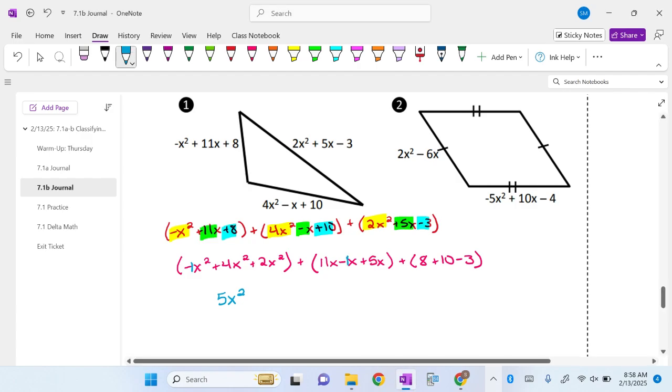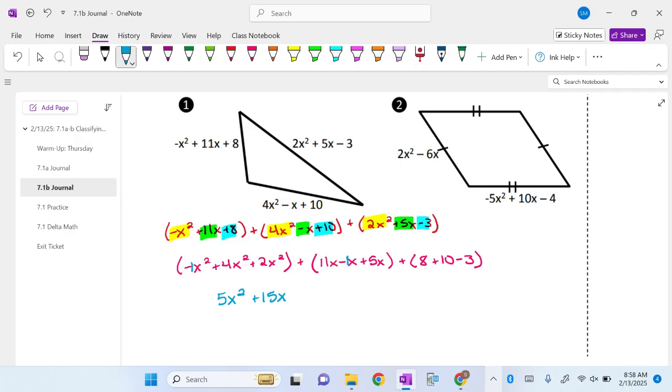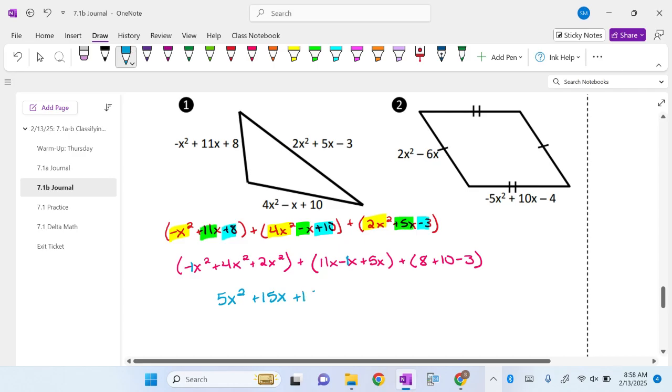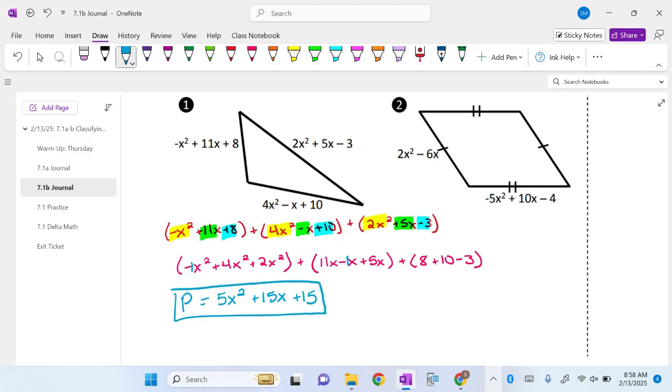Remember, unspoken 1 here. 11 minus 1 is 10, plus 5 is 15. 8 plus 10 is 18, minus 3 is 15. So this would be equal to my perimeter. So even though it looks complicated, it's actually not.